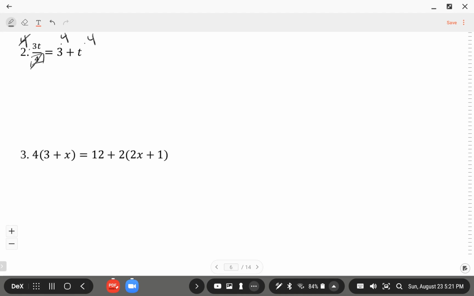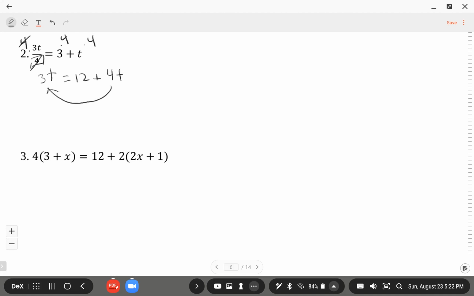So now, let's move on to the next stage. We have our fraction canceled out. We have 3t. And then on the right-hand side, we have 3 times 4, which is 12, plus 4 times t, which equals 4t. So now let's move 4t to the left-hand side.